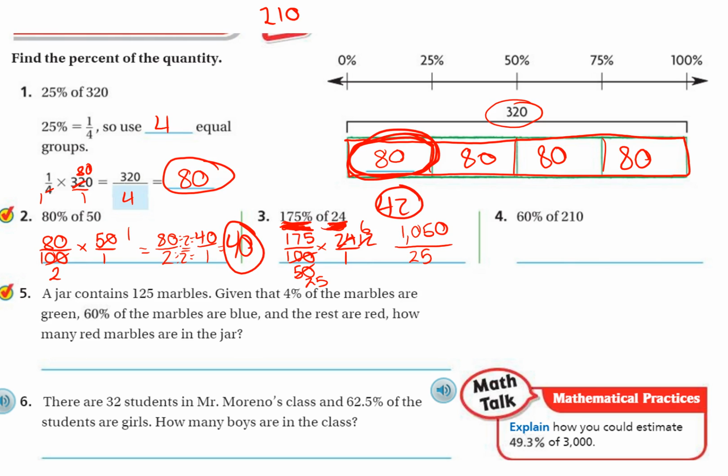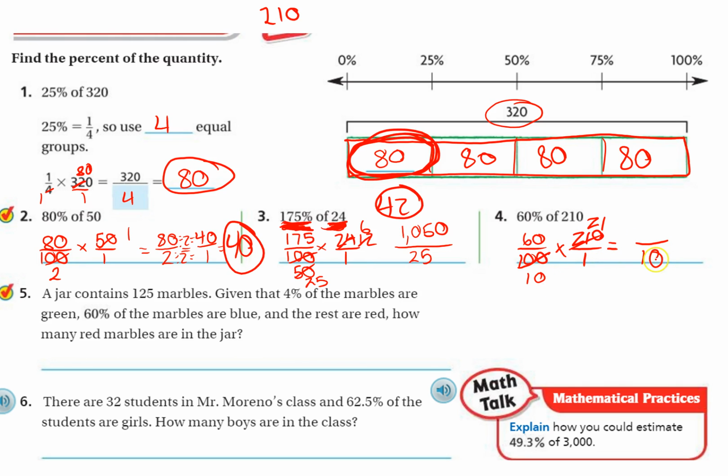Okay. All right, let's look at number 4. Same idea, we change 60% to a fraction. Okay, multiply it by 210, and that's the same thing as 210 over 1. Cross simplify. 10 will go into 110 time, 10 will go into 210 21 times. Okay. Now I can multiply straight across.